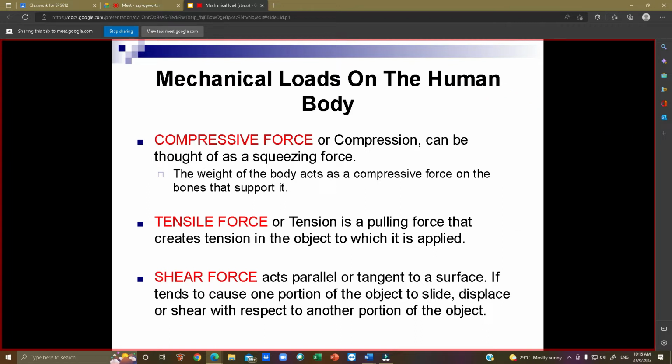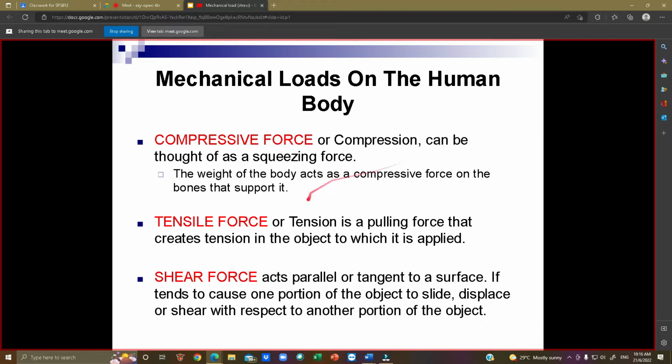And all of this load impose or will affect the internal structure of the body, such as it will affect your cartilages, your tendon, your ligament, bone, and also muscles. I mean, all of this will change all of that.